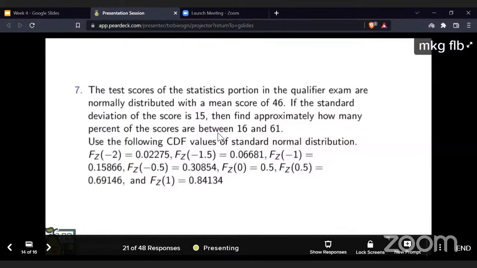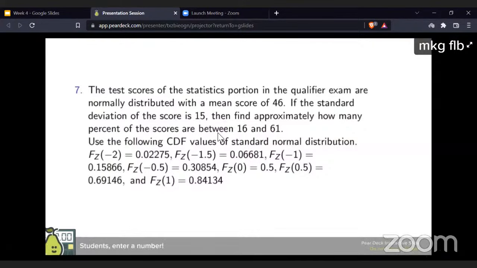If we have a normal distribution, we know the PDF, and we could integrate it to solve it. But that process is very complicated. So we go to the CDF value, and we find it using standardization. We do the standardization of the normal random variable, and those values are already given to us in the form of a table.